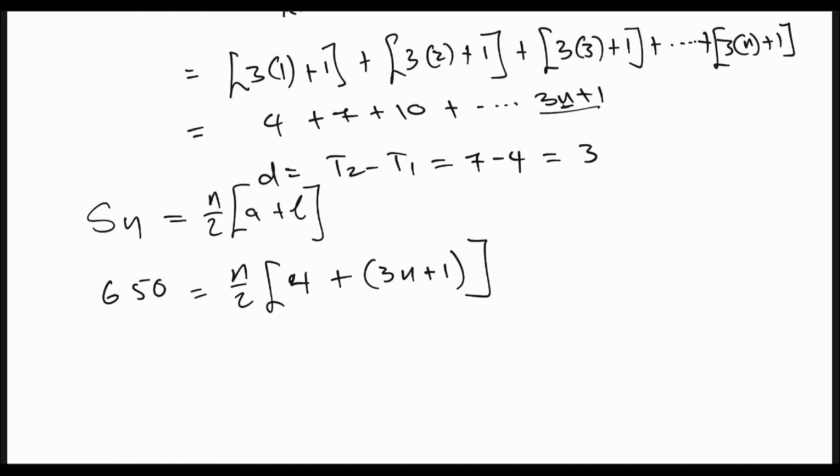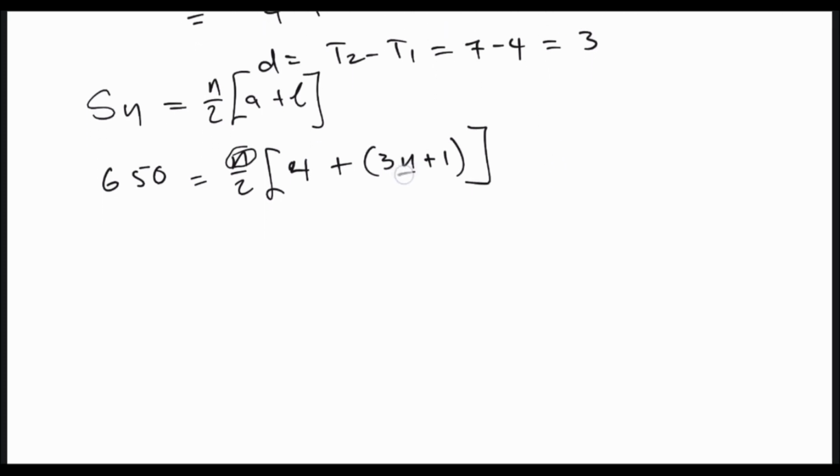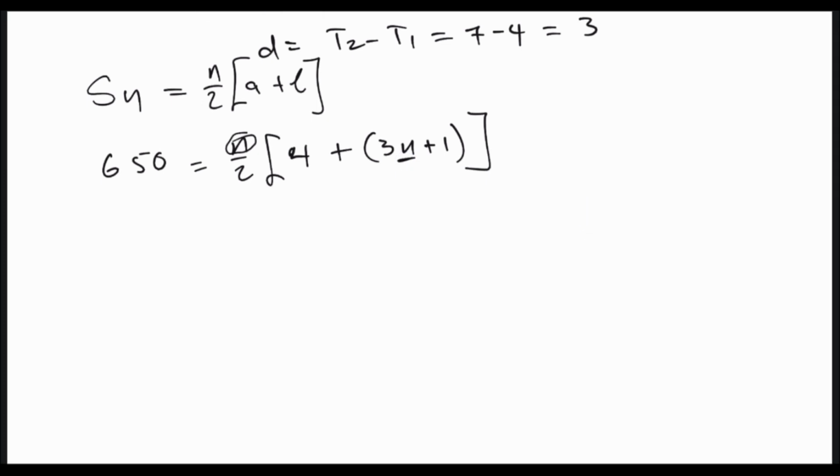It is not, and this n here is the number of terms in a sequence. So how do we find this n here?